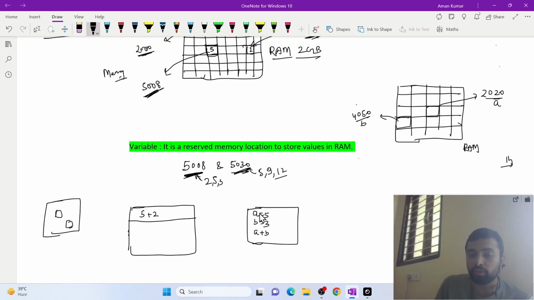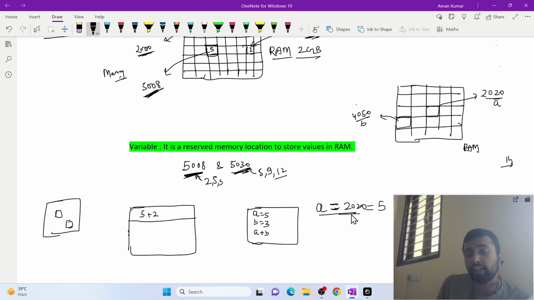So they came up with the idea, let's give a simple name like A. When we say A, it means that we are referring to the 2020 memory location, and at this 2020 memory location we have stored 5.